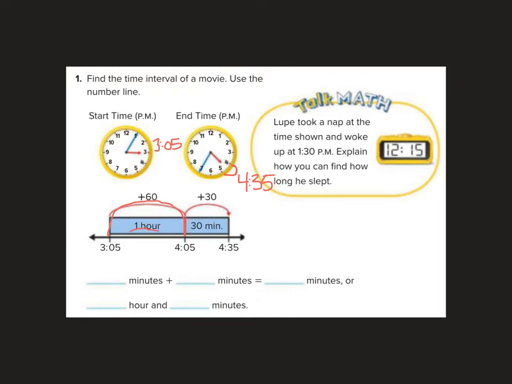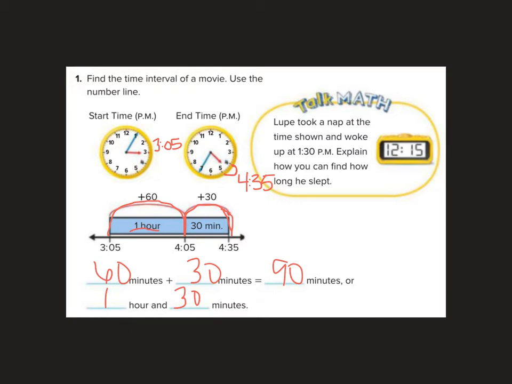Then if I go from 4:05 to 4:35, that will be another 30-minute jump. So 60 minutes plus 30 minutes would be 90 minutes, or 1 hour and 30 minutes long.